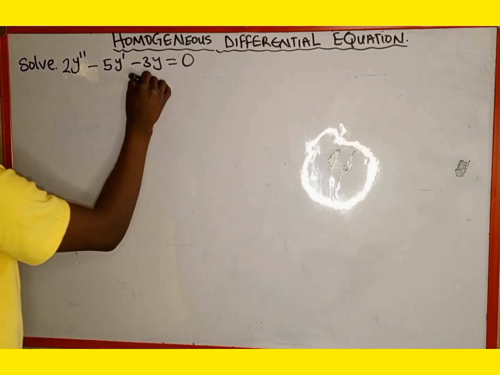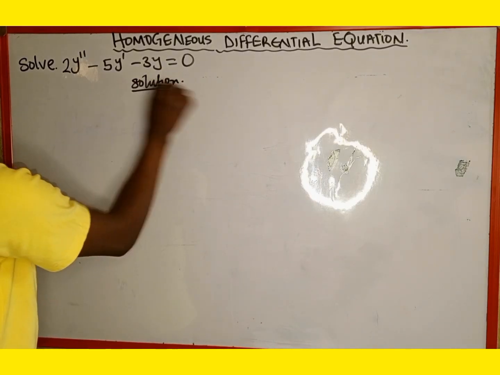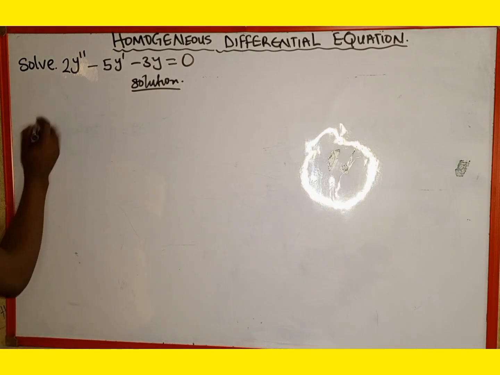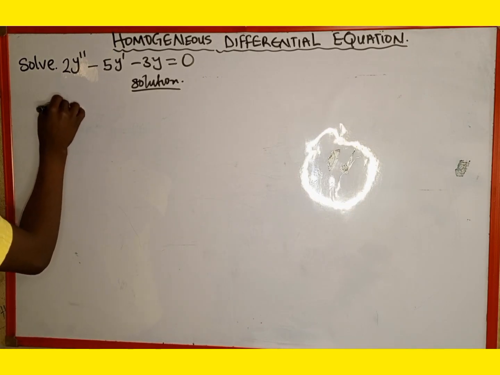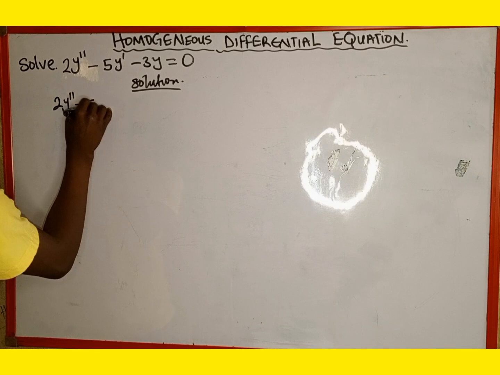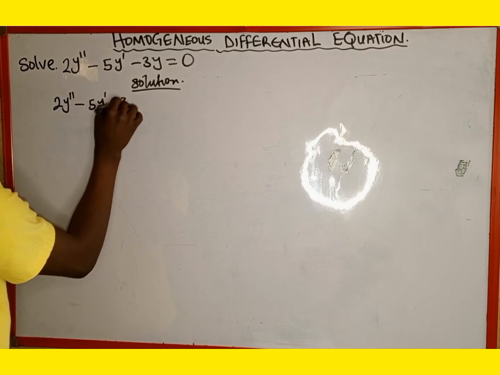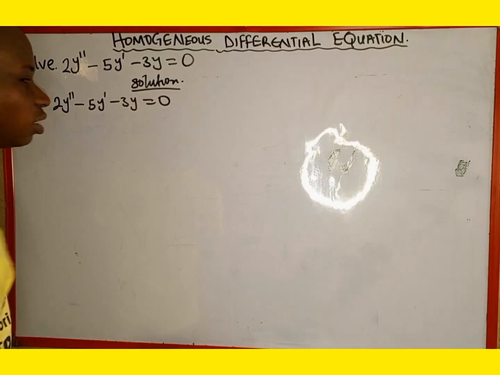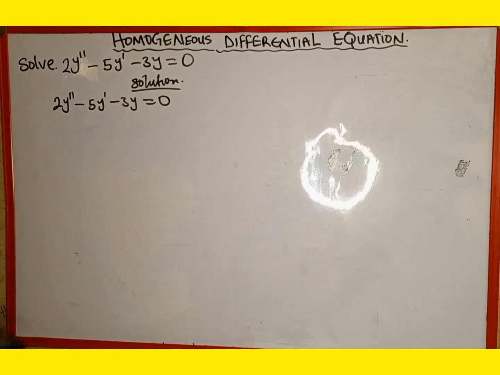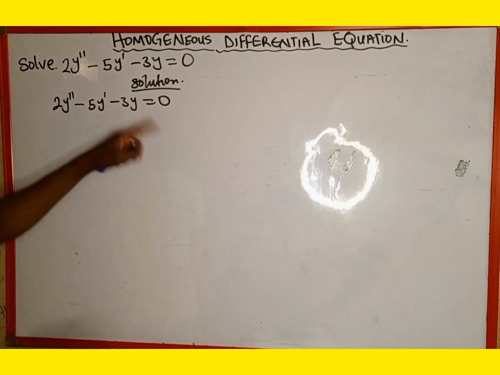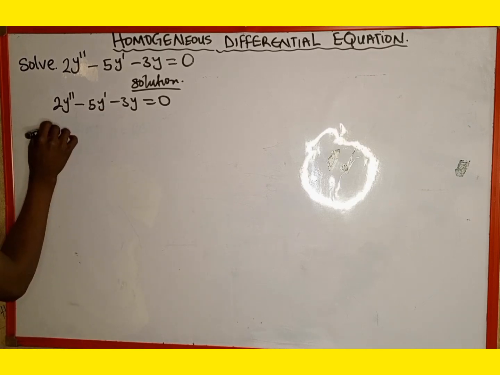So let's get started. Solution. If you are given a second order homogeneous differential equation in this form, 2y'' - 5y' - 3y = 0, the first thing you are going to do is to write out the auxiliary equation. Auxiliary means the coefficient of the equation. So the first one is what? 2.